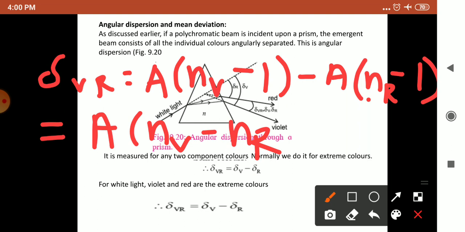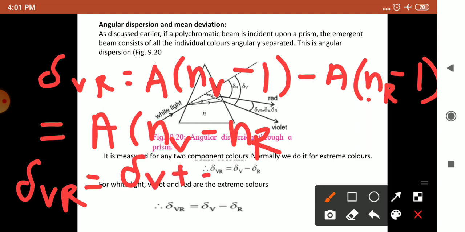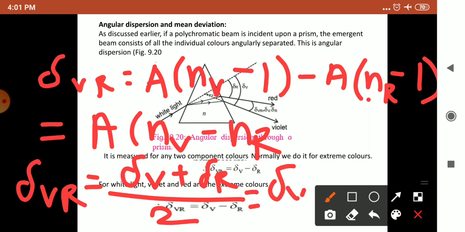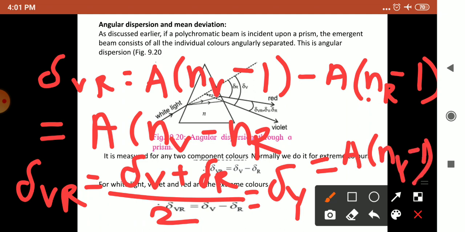So we can write the mean deviation as delta V plus delta R upon 2, which is equal to delta Y, that is, the angle of deviation for yellow color, which can be written as A into NY minus 1, where NY is the refractive index for yellow color.